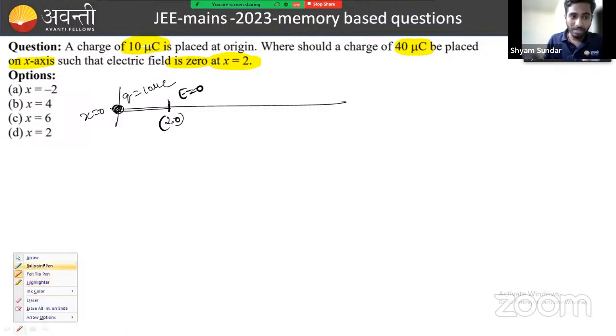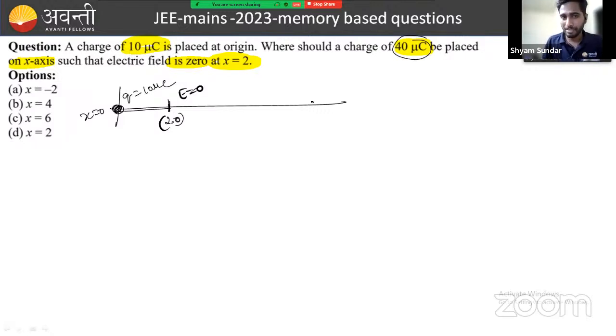So we need to keep this 40 microcoulomb charge on the x-axis, but I don't know where. The Q value will be 40 microcoulomb.